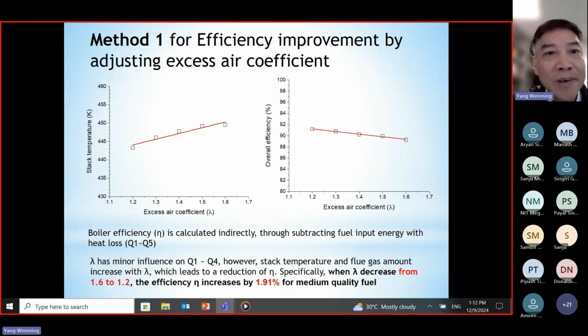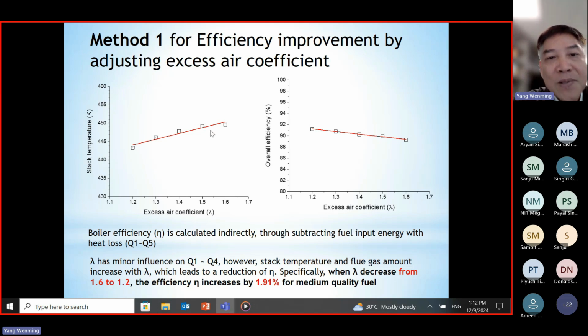As we increase the excess air coefficient from 1.2 to 1.6, we can see the stack temperature will increase, which means more heat energy will be lost to the exhaust gas, and the efficiency will drop. So when you design the biomass boiler system, you can try to reduce the excess air coefficient.